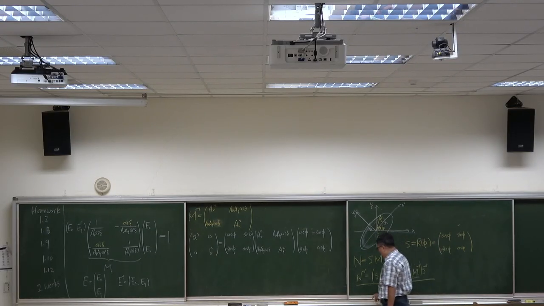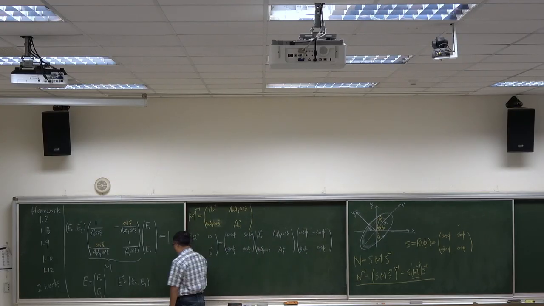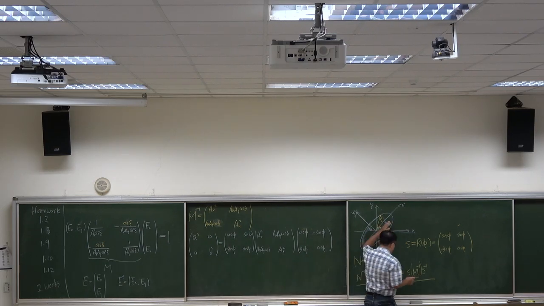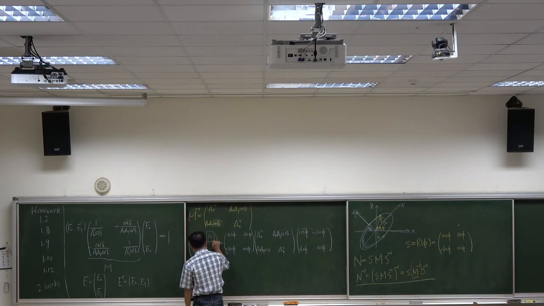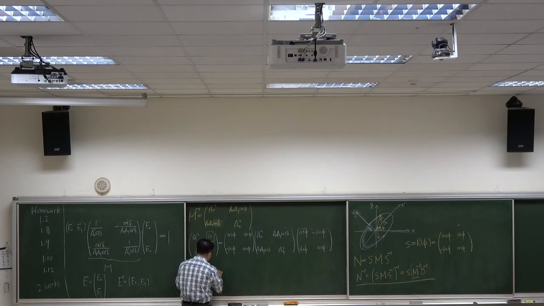So first we see that we can obtain the orientation of the semi-major axis by using the relation, this one, the 1, 2 component. The 1, 2 component is equal to 0.